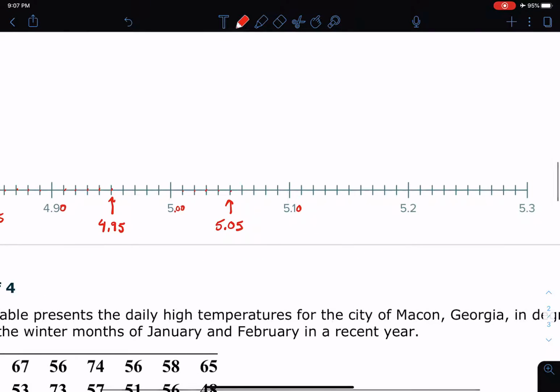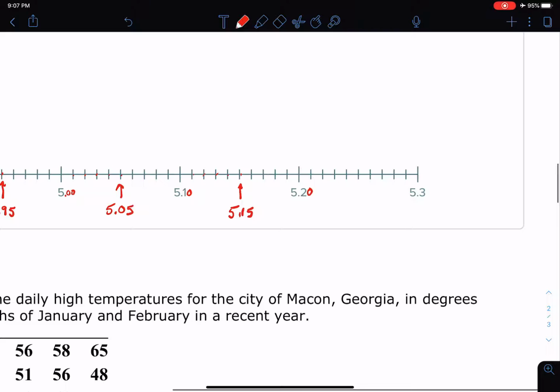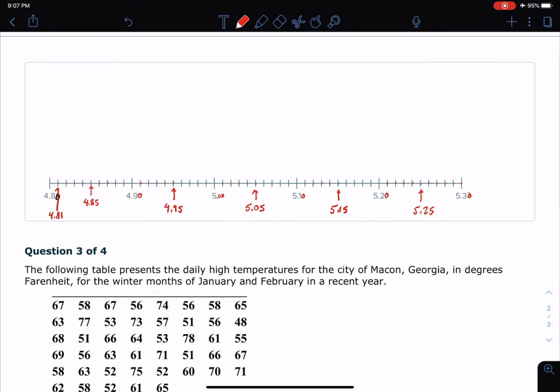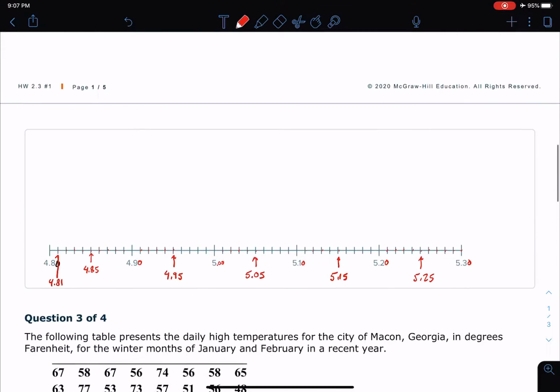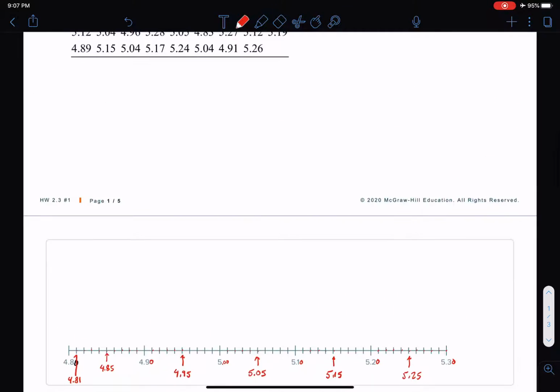Moving right along, we've got 11, 12, 13, 14, 15. That's the halfway mark. $5.15. All the way up to $5.20. 21, 22, 23, 24, 25. $5.25, and that brings us to 26, 27, 28, 29, 30, so $5.30. And I find by doing that, it makes it a little easier for us to find these.